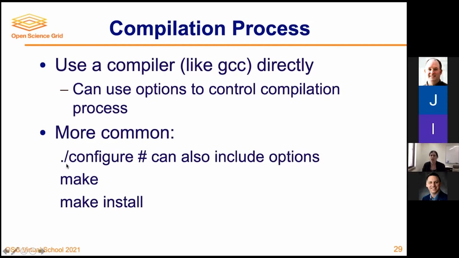So for both these options, there are ways that you can control how the compilation happens. You can either pass the commands directly to the compiler or potentially introduce them in the configuration step if you're compiling code that has this three-step process.